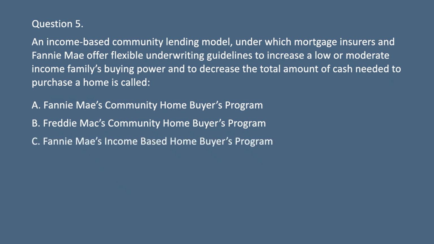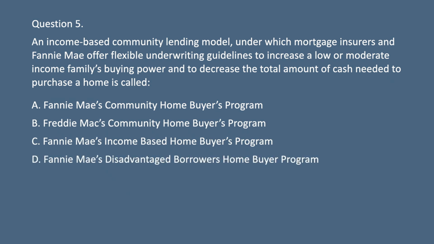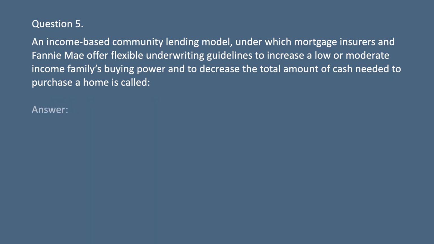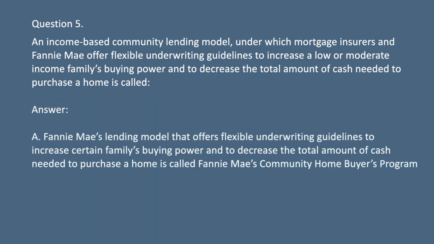C. Fannie Mae's Income-Based Home Buyers Program. D. Fannie Mae's Disadvantaged Borrowers Home Buyer Program. Answer. A. Fannie Mae's lending model that offers flexible underwriting guidelines to increase certain families' buying power and to decrease the total amount of cash needed to purchase a home is called Fannie Mae's Community Home Buyers Program.